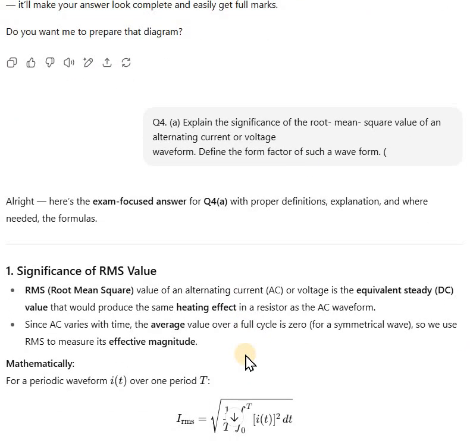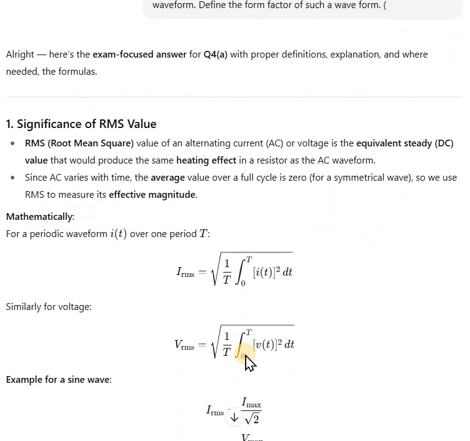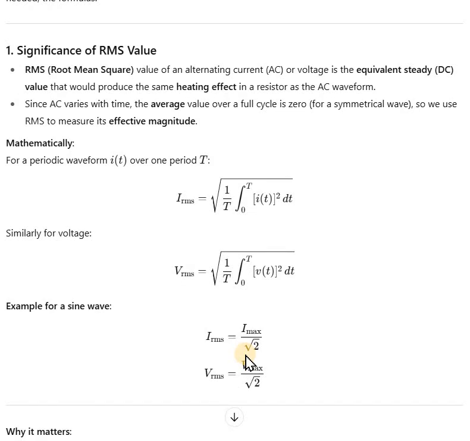Q4: Explain the significance of the root mean square value of alternating current or voltage. Define the form factor. The RMS value of an AC current or voltage is the equivalent steady DC value that would produce the same heating effect in a resistor as the AC wave.